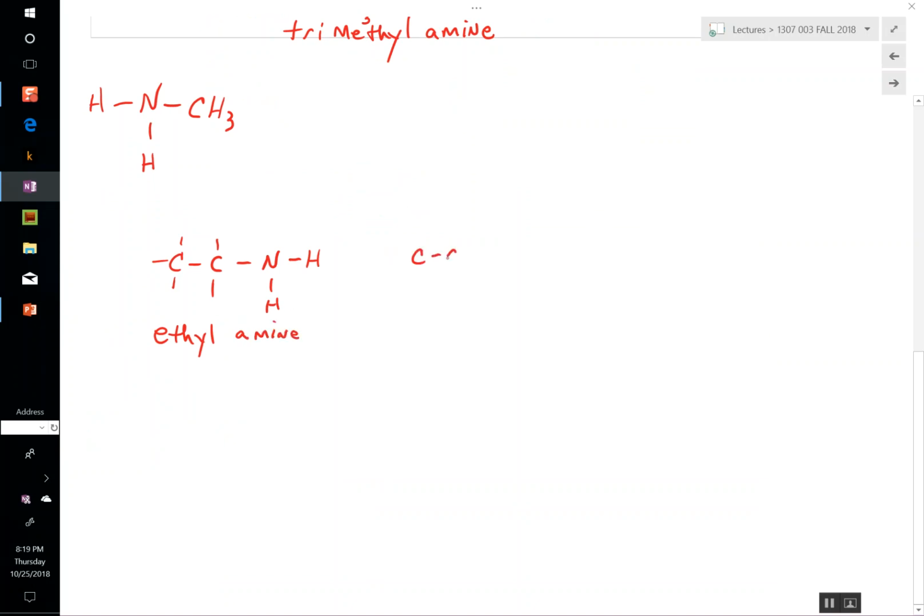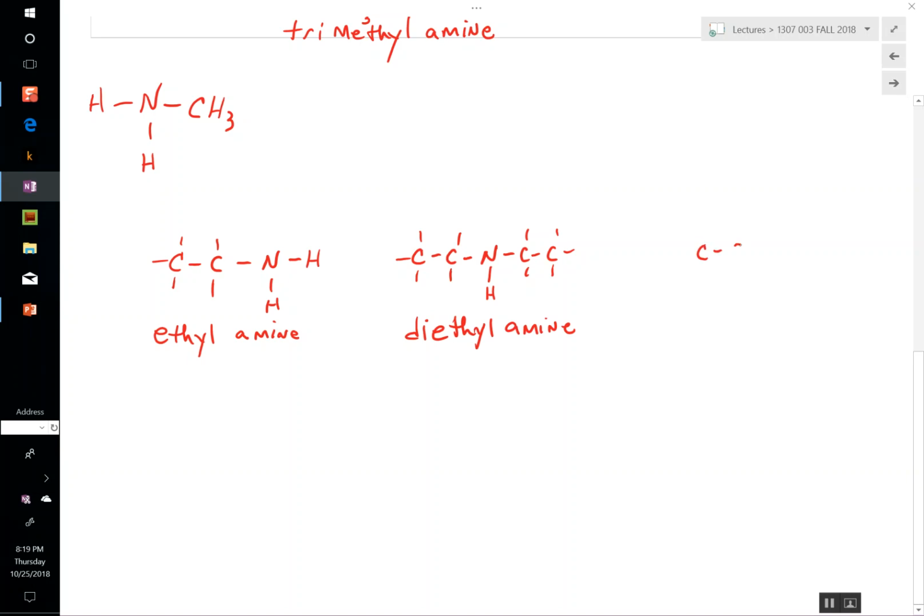If you have 2 ethyl groups on the nitrogen, how many hydrogens need to be there? Well, you need a total of 3 bonds around the nitrogen, so you got to add a hydrogen right there. And you have diethylamine.